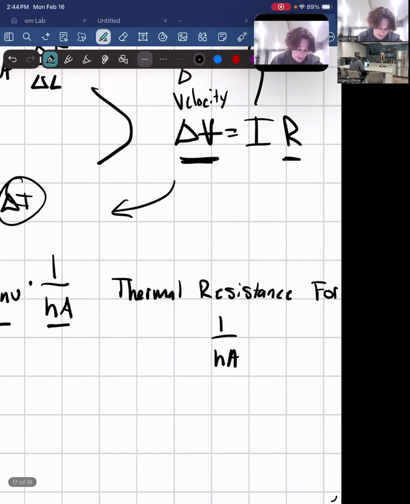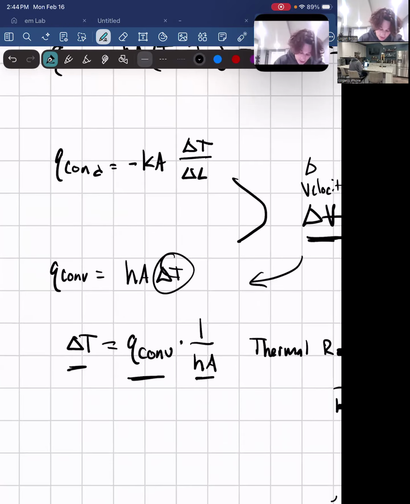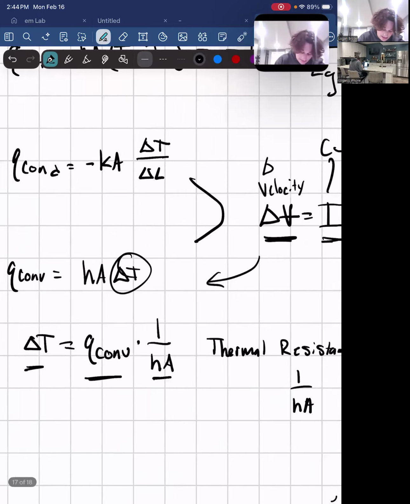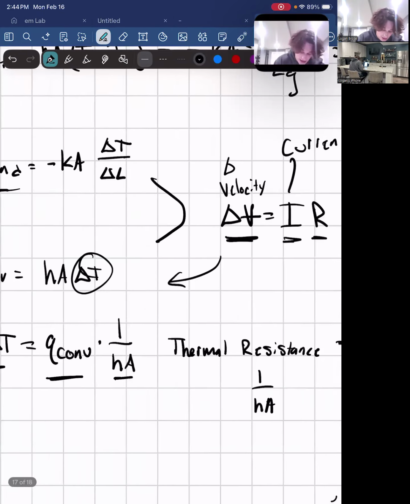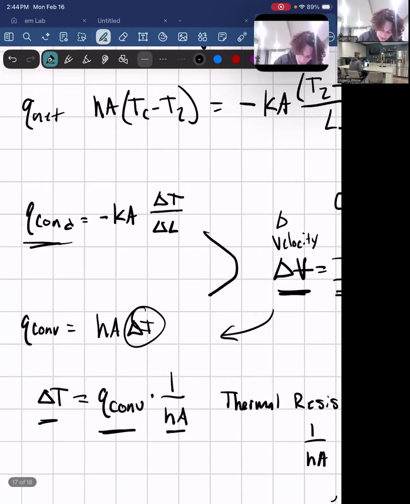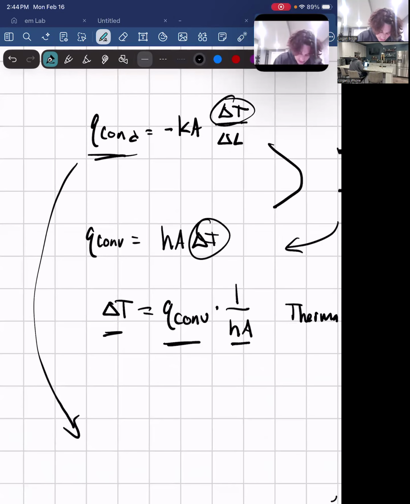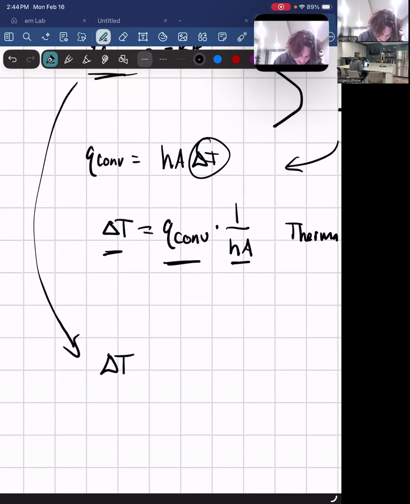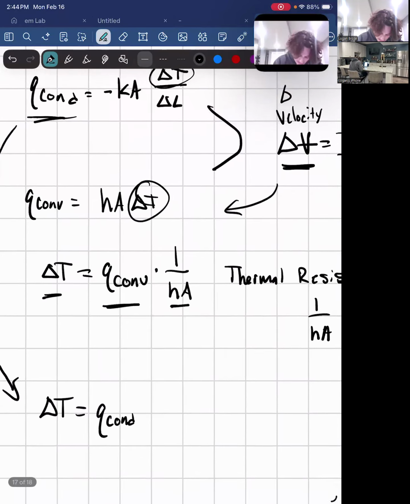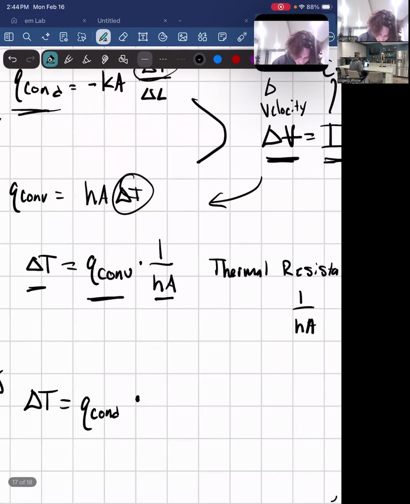And so when we go back up to conduction here, we know that our I is going to be the same, right? We have our Q conduction as our I. We know that our change of voltage is going to be our delta V. So if we bring this down here, we set it equal to delta T again, right? That's our delta V equals our Q conduction times our change in length over our negative KA, right?